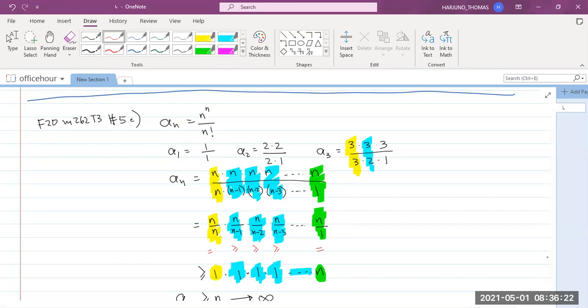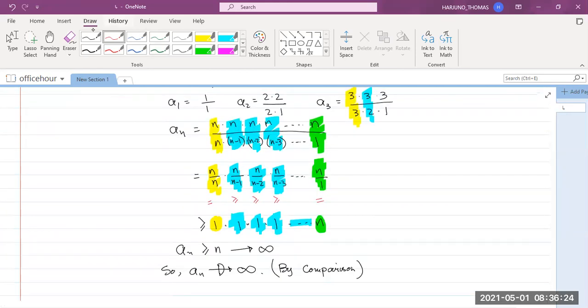Now if you want to make it even stronger, you can say that the term right before that is n over 2, right? So you can keep this here, n over 2, and then n, for the last two factors instead of only the last factor, such that this is actually n squared over 2.